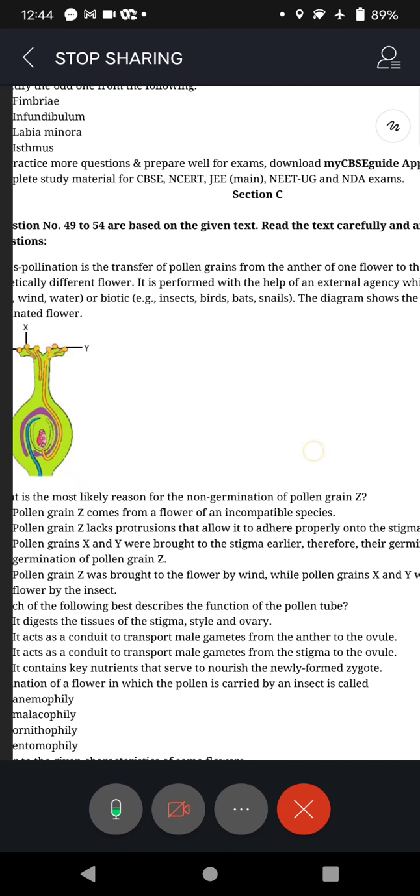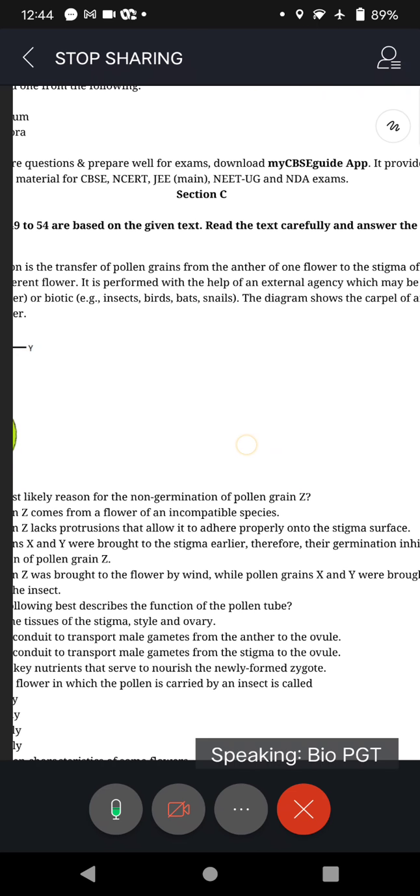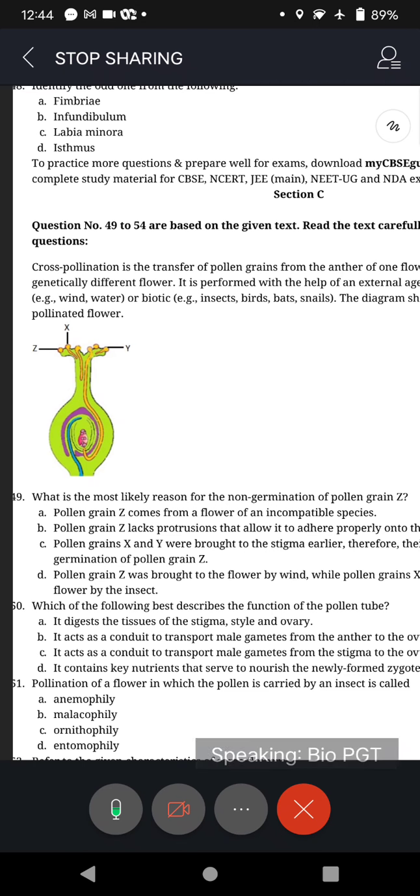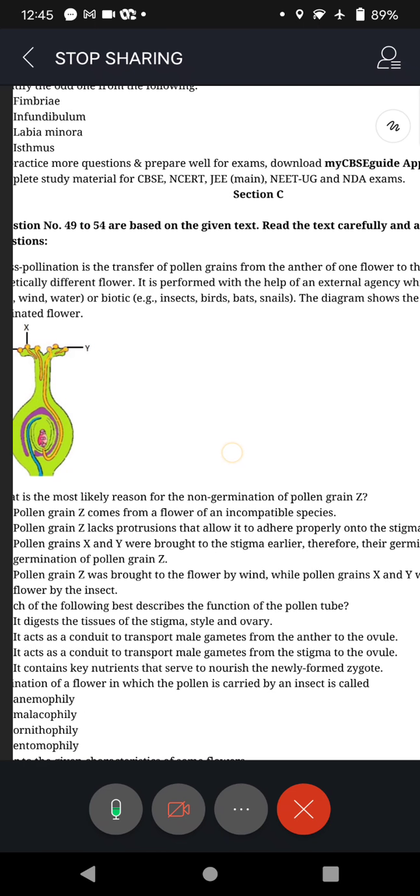It is performed with the help of an external agency which may be abiotic, such as wind and water, or biotic, birds, insects, bats, snails.